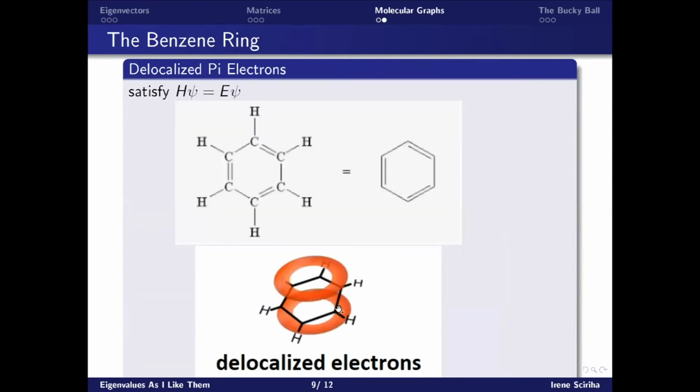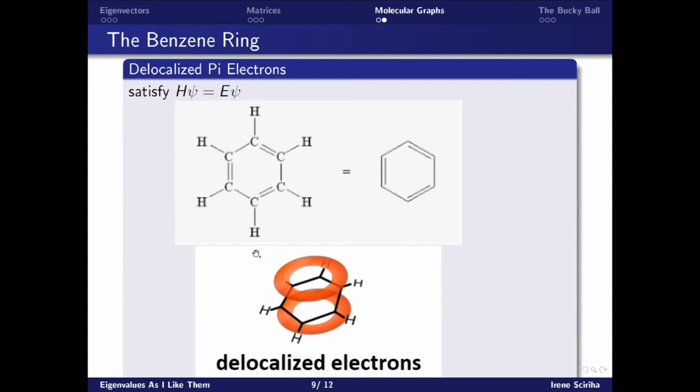Again, this is how the chemists draw the benzene molecule, which is a hexagon of carbon atoms. And you see the double bonds and the single bonds that actually are not stable, in the sense that sometimes this is a double bond and sometimes it's a single bond. So they alternate.